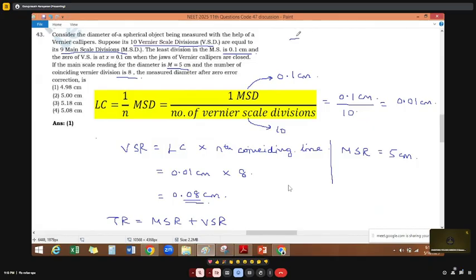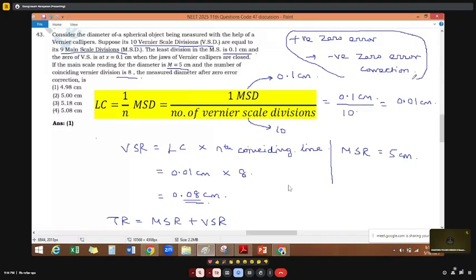Always remember, positive zero error means I have to do a negative zero error correction. Very important. Negative zero error means positive zero error correction.